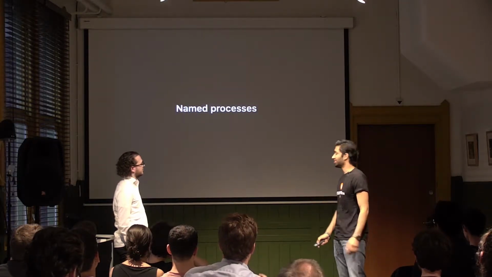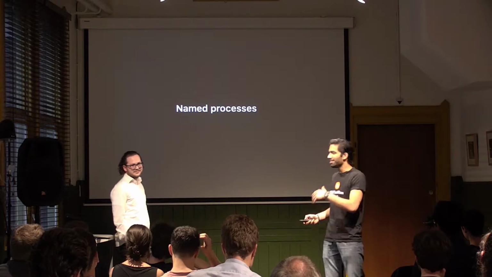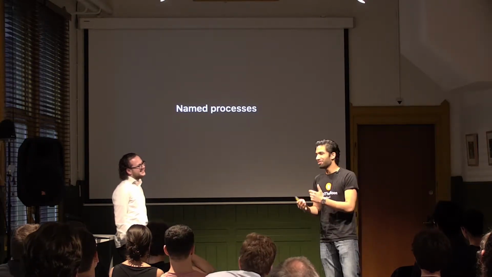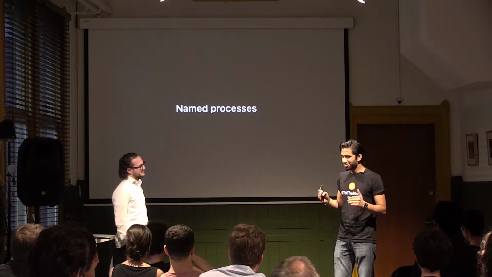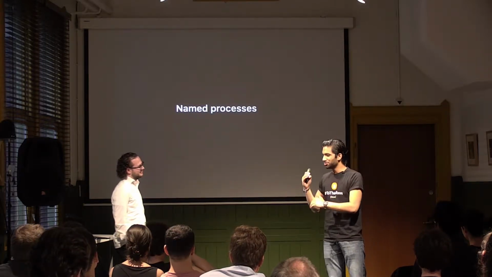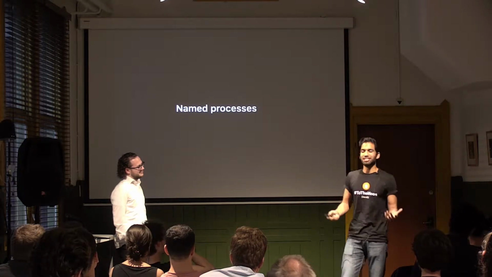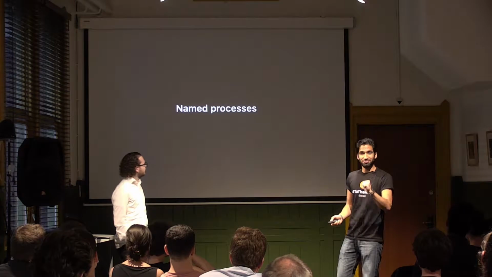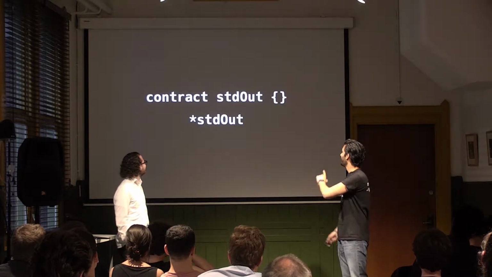Then we have named processes. This is a little bit vague to explain right now, but Thomas will take it over in a later phase to put this into code examples. So I hope it will be clear by then, but right now, just hold on.